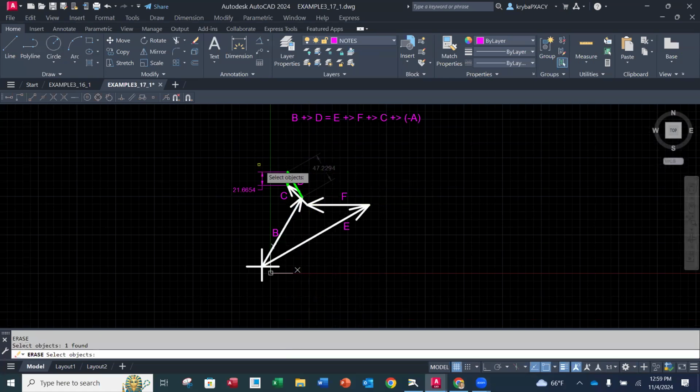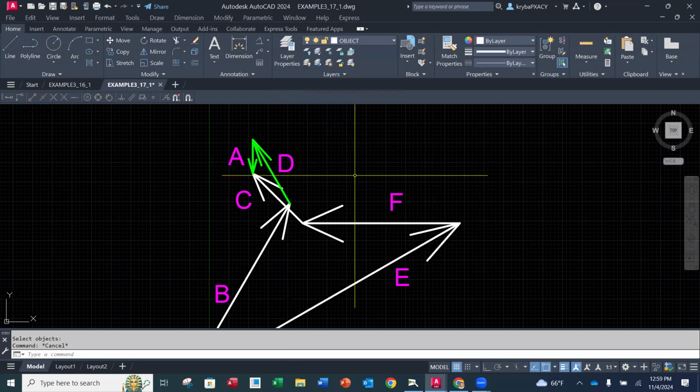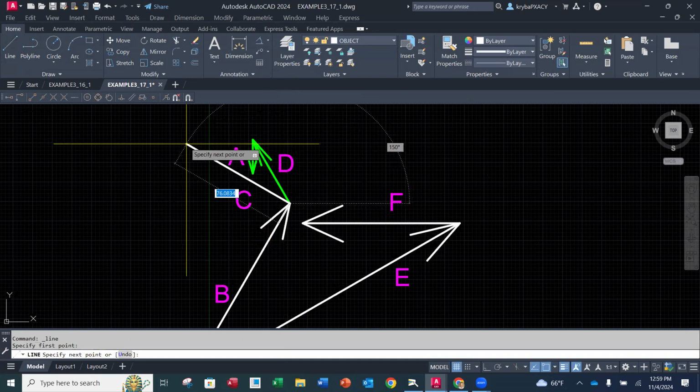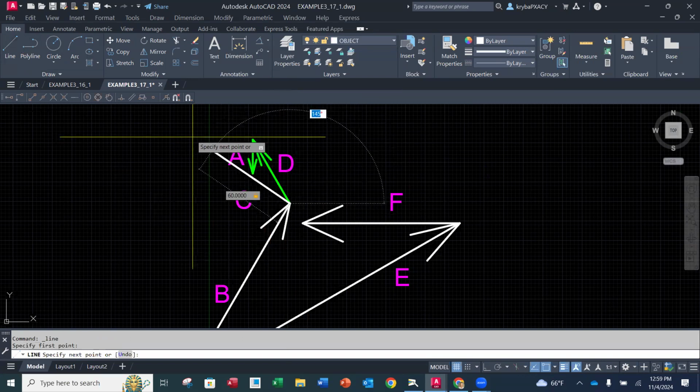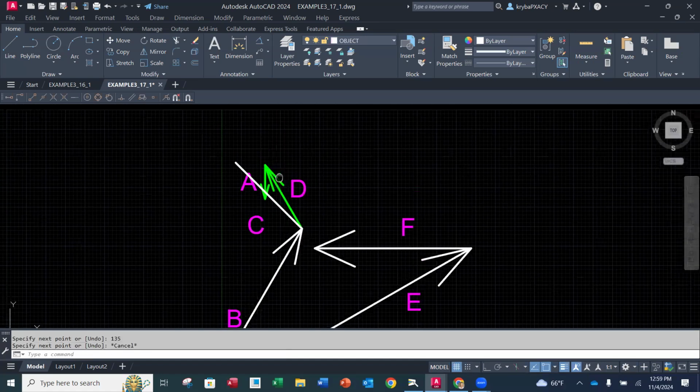Sorry about that. I never mean to do that, but let's go back in here. This kind of gives you insight. On the endpoint of B here, I want this to be 60 long at 135. Okay, yes, that's going to change things for us.